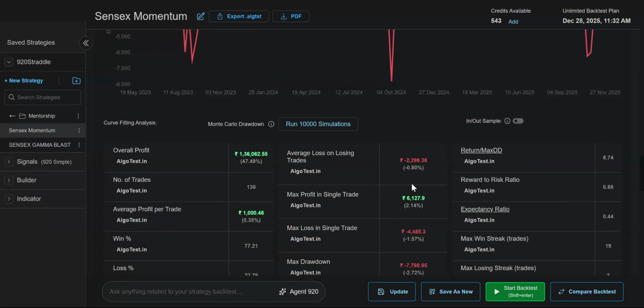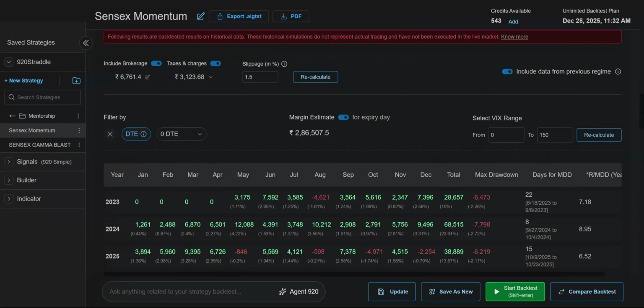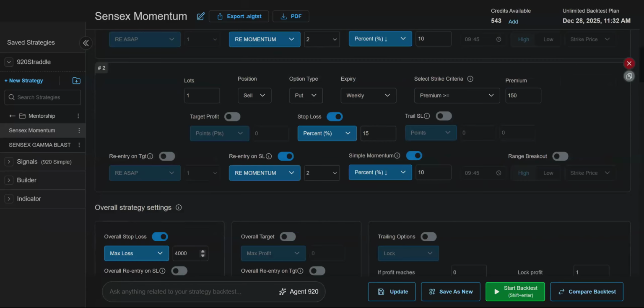So, any questions about it, or do you want me to run? Another thing I also want to mention is the max loss that I have kept. For the backtest, it does not serve any purpose, because even if I disable it, the results will be almost the same, or maybe exactly the same.